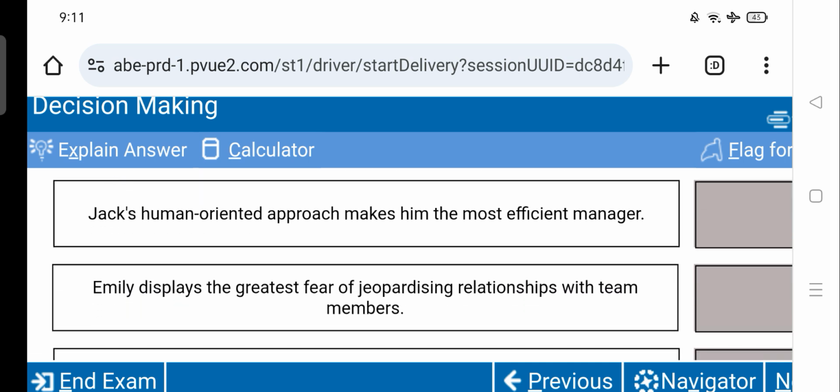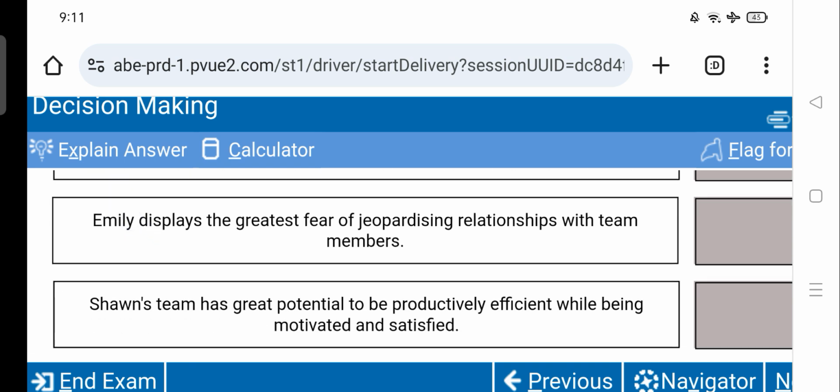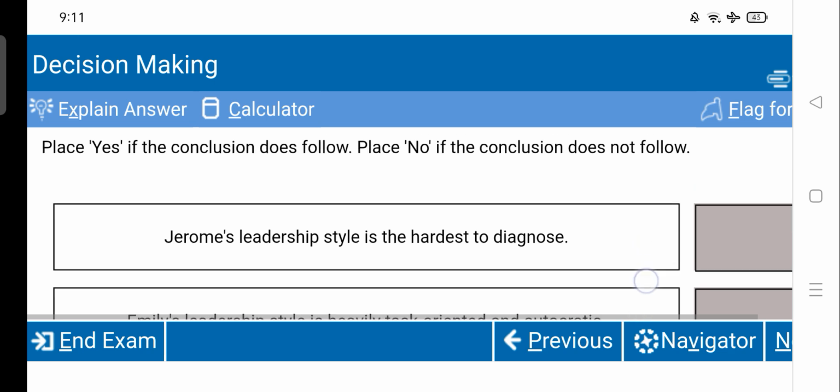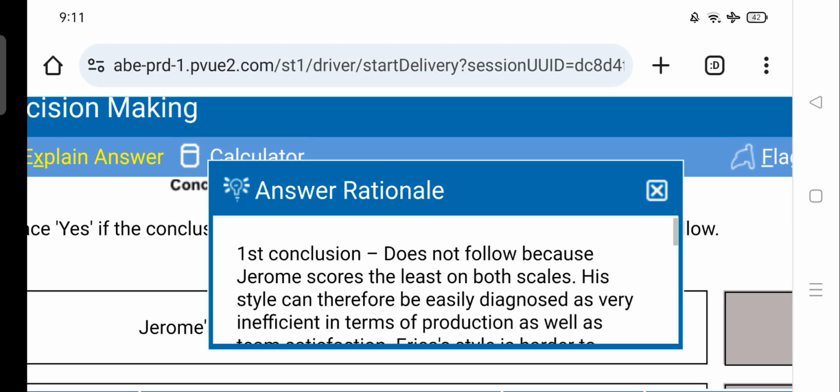Fourth, Emily displays the greatest fear of jeopardizing relationships with team members. Fifth, Sean's team has great potential to be productively efficient while being motivated and satisfied. So here we have these 5 conclusions. Let's see which one does follow and which one does not.